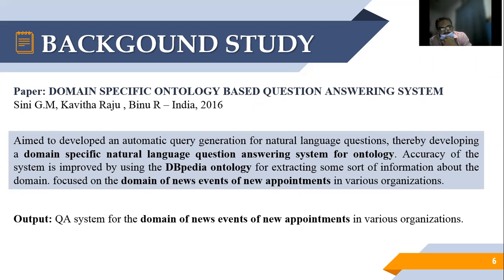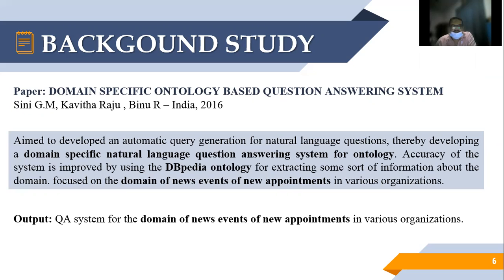There is another research paper, a domain-specific ontology-based question answering system, which was published in 2016. They aimed to develop an automatic query generation for natural language questions, thereby developing a domain-specific natural language question answering system for ontology.